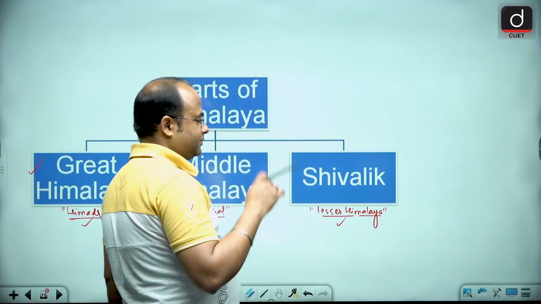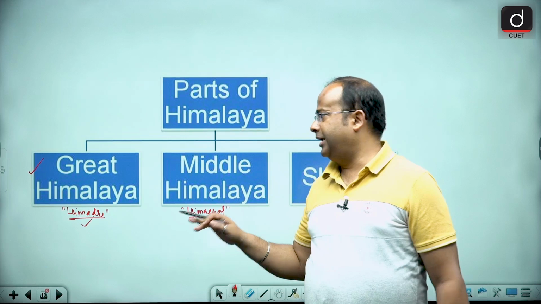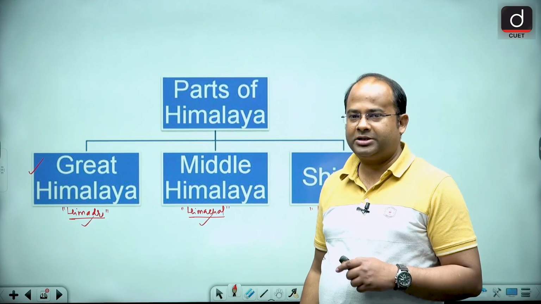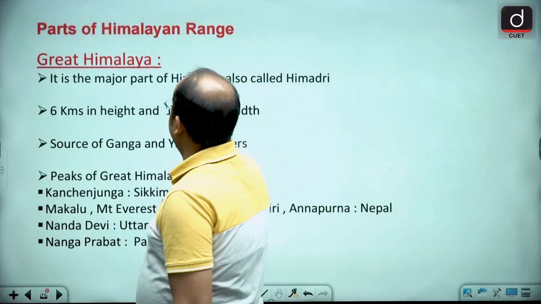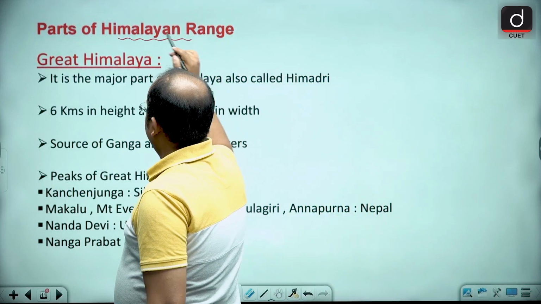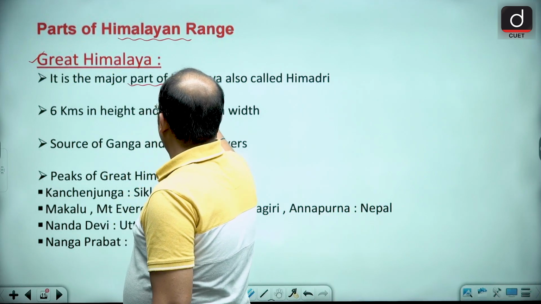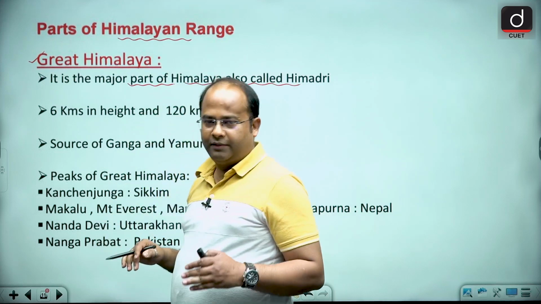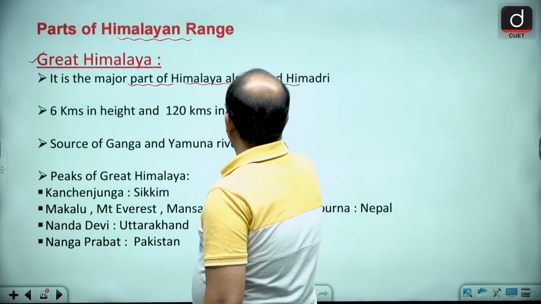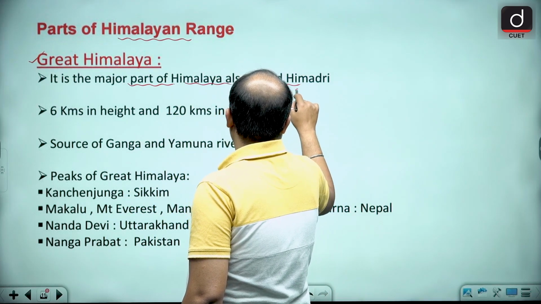First of all, we will start our discussion with the Great Himalaya, called Himadri. It is the major part of the Himalaya and is called Himadri because it is covered with snow throughout the year.